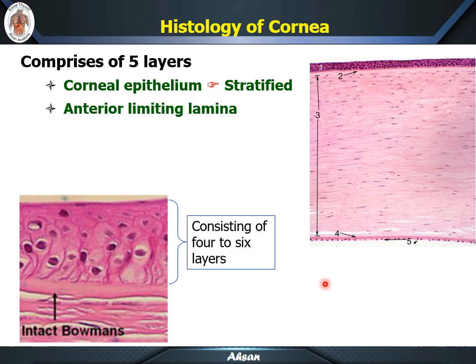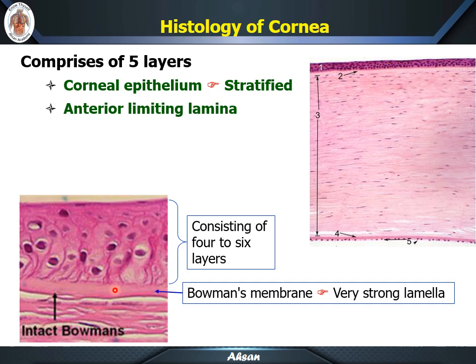Gradually the cells become flatter, but they are not squamous; the superficial cells are cuboidal in nature. So it is stratified cuboidal epithelium. This lies on a non-cellular limiting membrane, known as the anterior limiting lamella or Bowman's membrane.